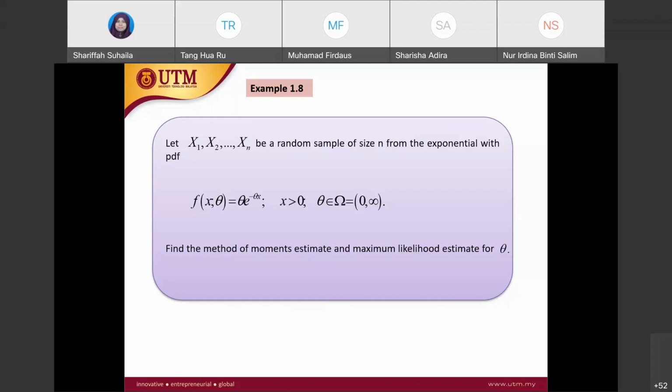Likelihood function is just a product of your f(xi; theta). Ini recall balik, kita ada exponential distribution. So saya tulis L(theta; x), it is just a product i equals 1 up to n of f(xi; theta).